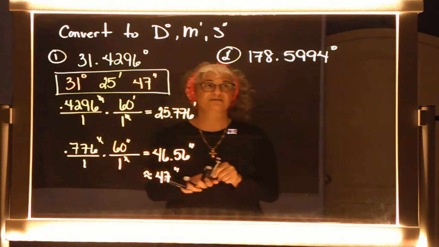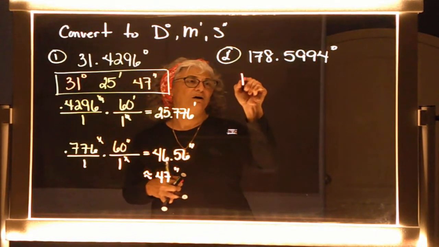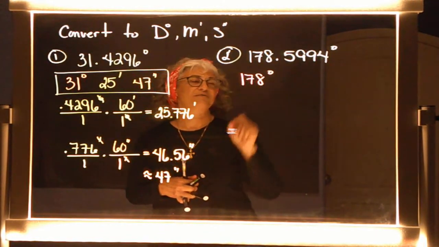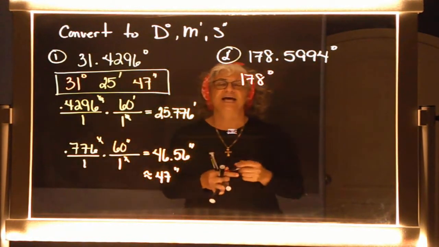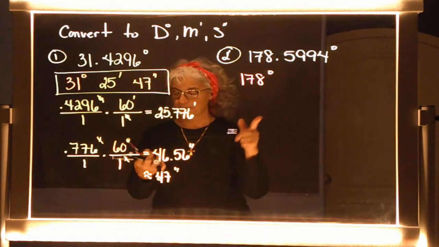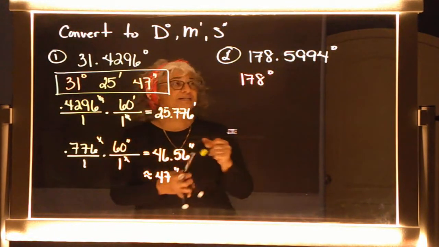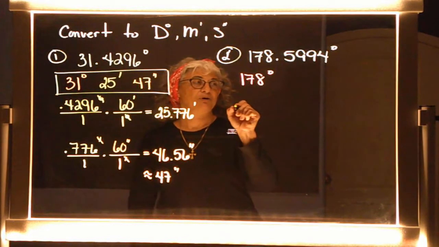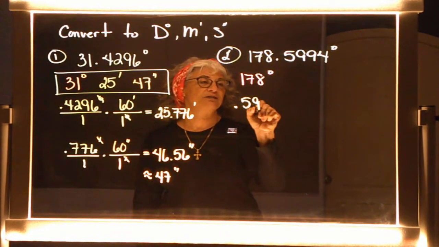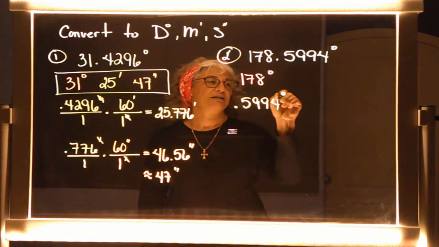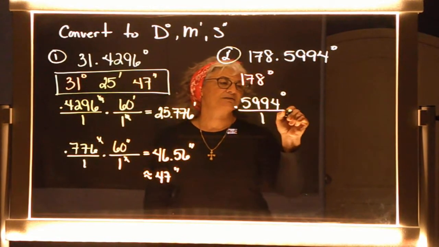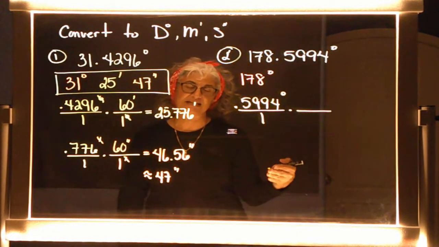Okay, so now we've got this one to do. And if we notice, again, we have full degrees of 178 full degrees. And now we need to take our partial and we need to convert it. Our partial degree, and what are we converting it to first? That's right, we convert it to minutes, because minutes is the next unit down.